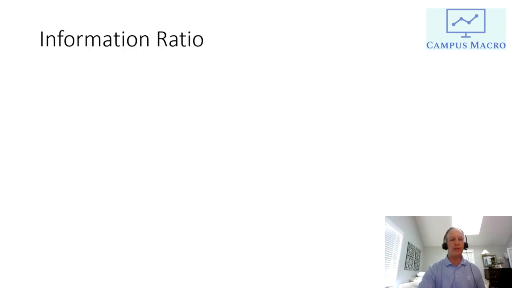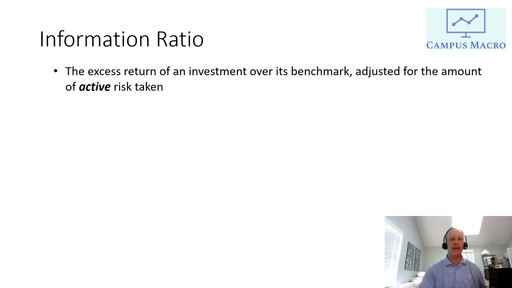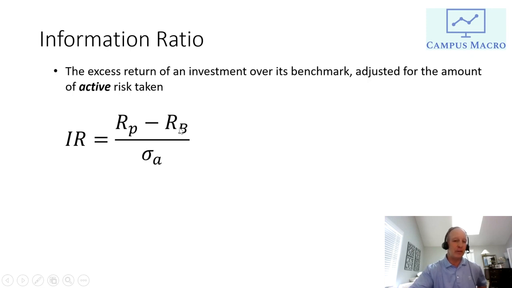And then the very next one is the last one. We're going to talk about the information ratio. This is typically when you're looking at the active return of a manager against a benchmark. And so this is the excess return of an investment over its benchmark, adjusted for the amount of active risk or tracking error that is taken. So instead of using the risk-free rate here, we're subtracting the portfolio return minus the return of the benchmark.